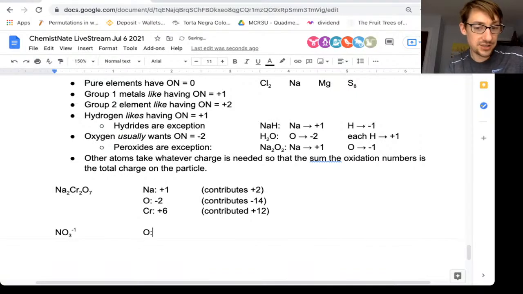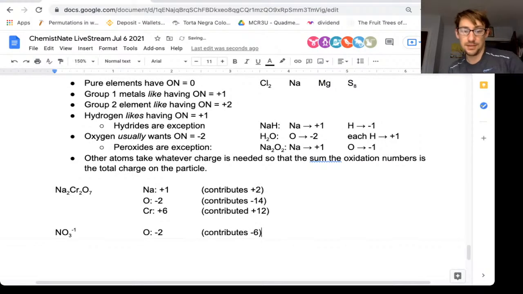So if each of the oxygens has an oxidation number of -2, that's -6 total because I have 3 of them. What's the oxidation number on my nitrogen?